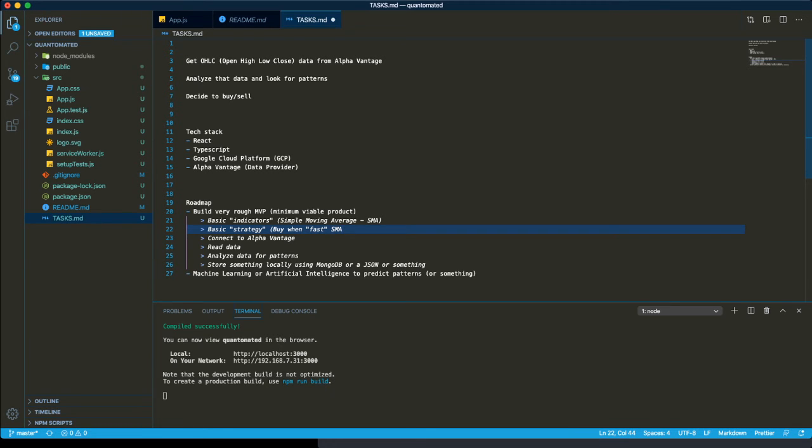So you might want to buy when the fast SMA, let's see, overlaps with the slow SMA. This is a very basic, very stupid trading strategy that you actually wouldn't want to employ.